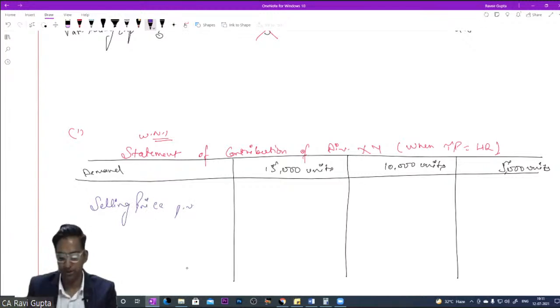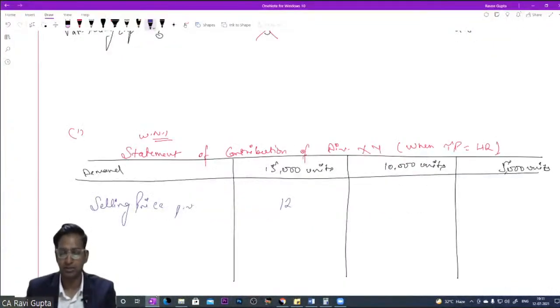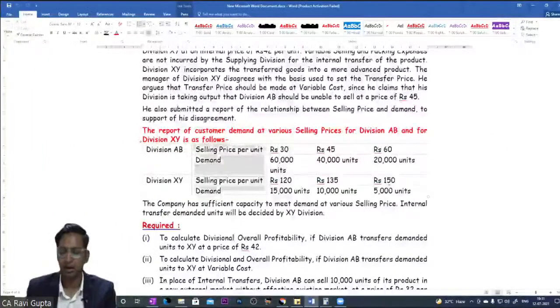Selling price per unit: 120, 135 and 150.